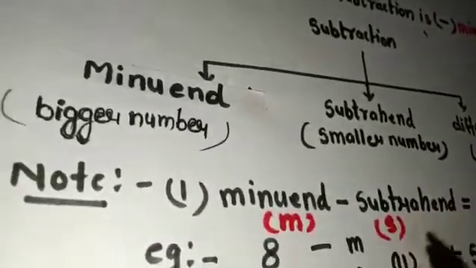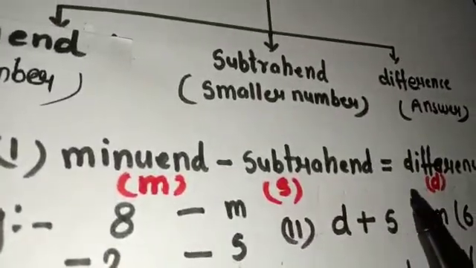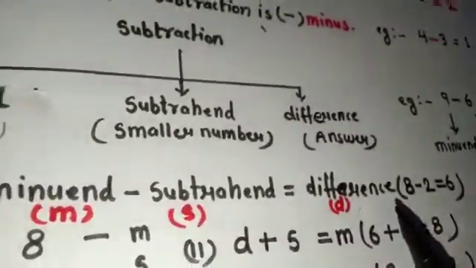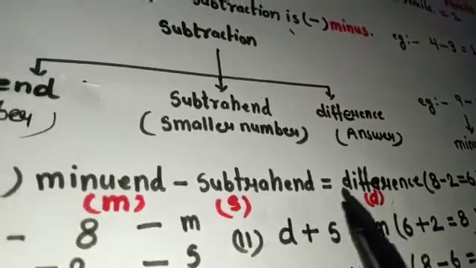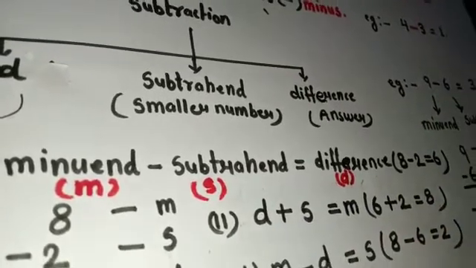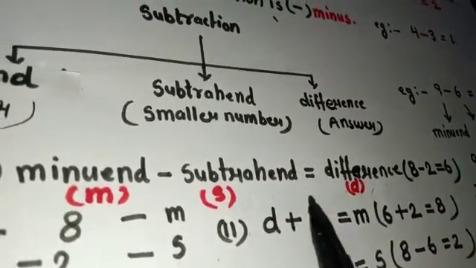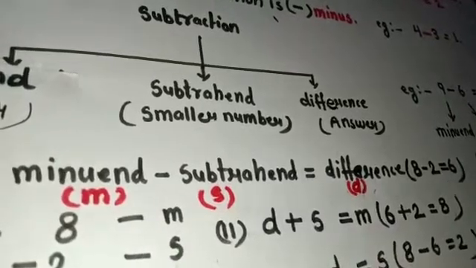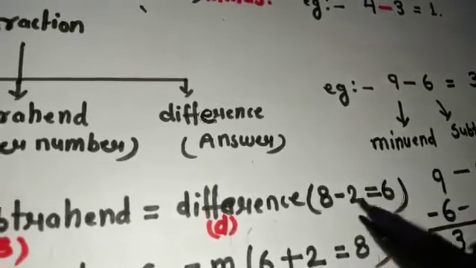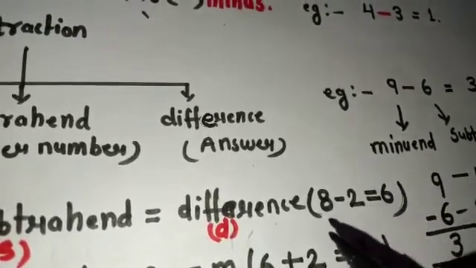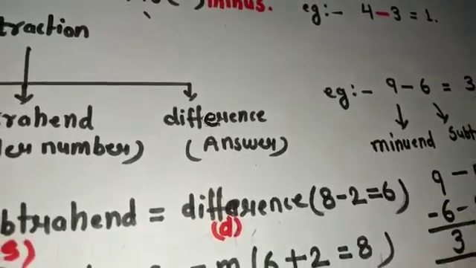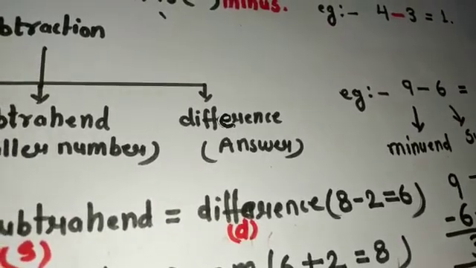First one is minuend minus subtrahend is equal to difference. It means when we subtract subtrahend from the minuend, then we will get difference. For example, when 2 is subtracted from 8, then we will get 6.